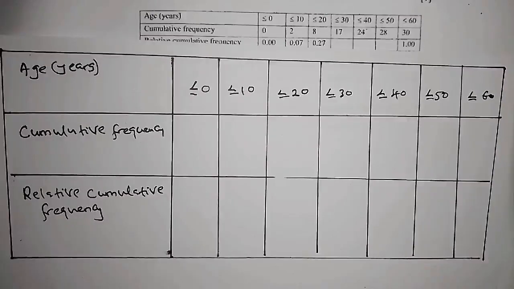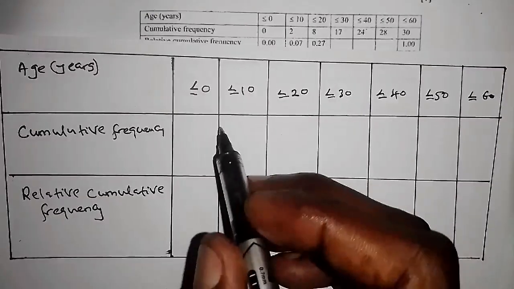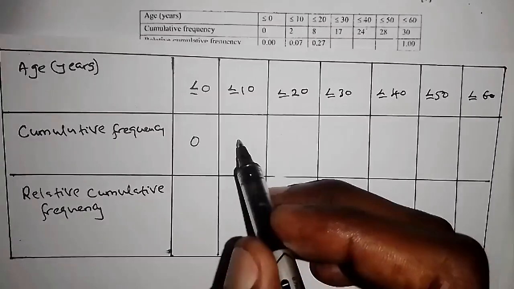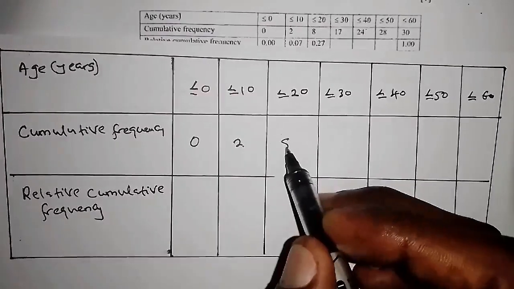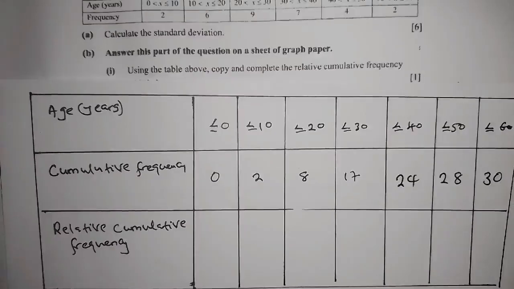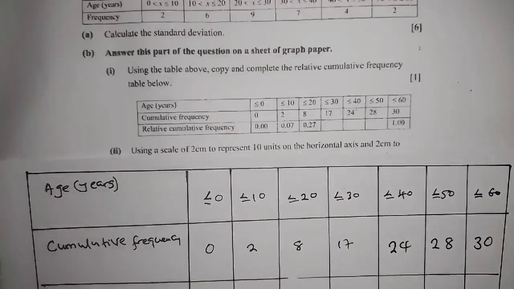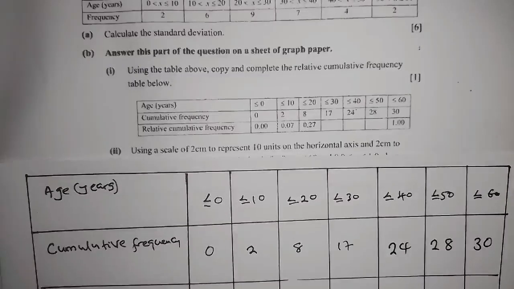Then also the second box here is from 0 to... Okay, so after you copy the table, you can see from the question that there are some incomplete boxes.